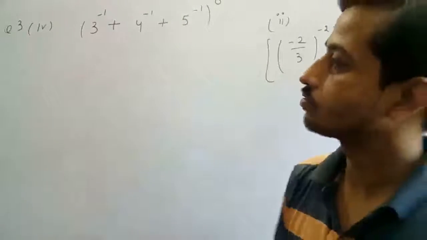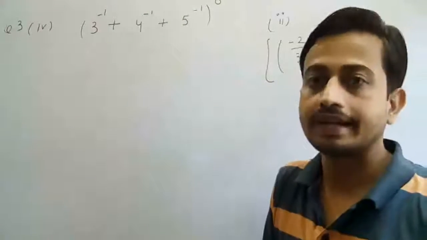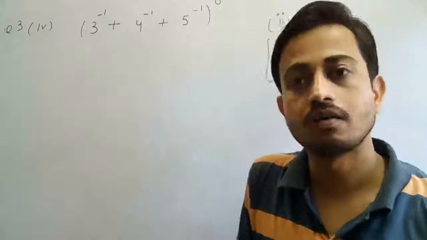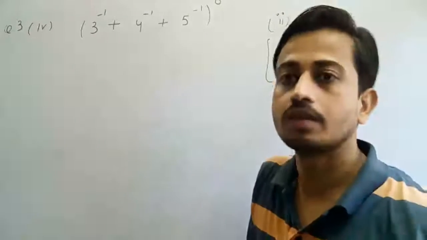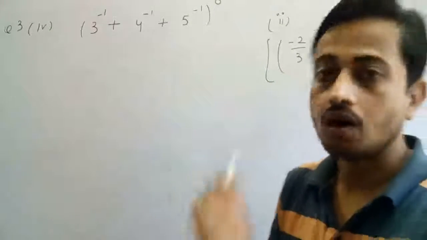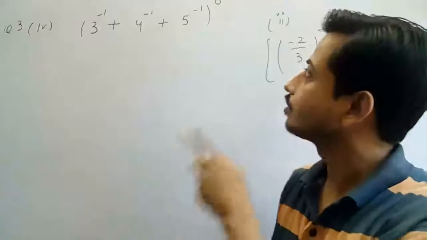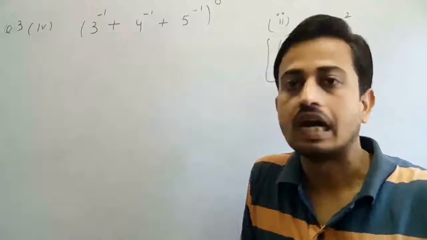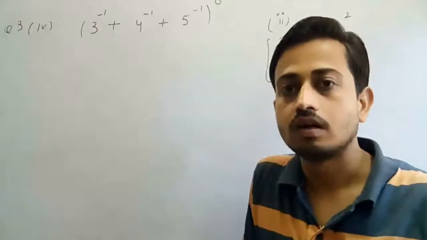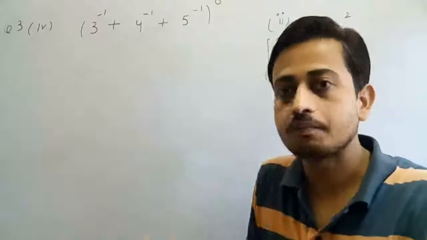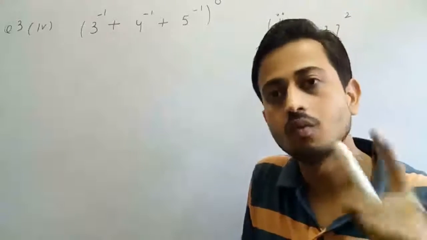Now look at part 4. 3 raised to the power negative 1 plus 4 raised to the power negative 1 plus 5 raised to the power negative 1, and the whole term has a power of 0. If a term has a power 0, it should be 1.